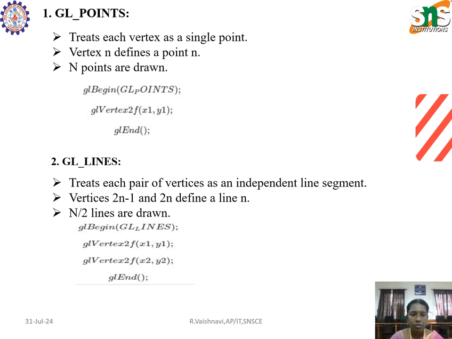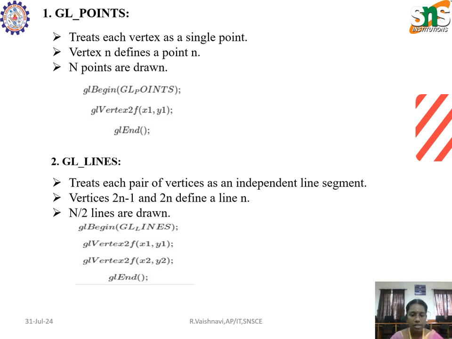Here we have the syntax for GL_POINTS, that is glBegin(GL_POINTS), where the first two letters must be capital letters followed by the underscore, and the third letter must be a small letter for this syntax. Then the glVertex2 function with x1 and y1, and then glEnd. This is the syntax for GL_POINTS. Like this we have the syntax for the following 10 OpenGL primitives.